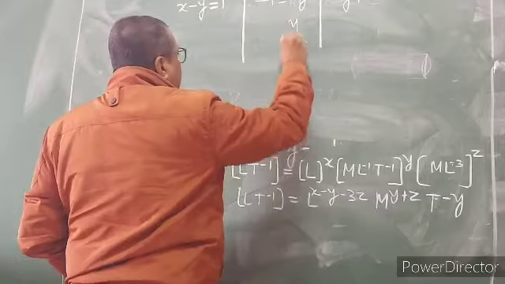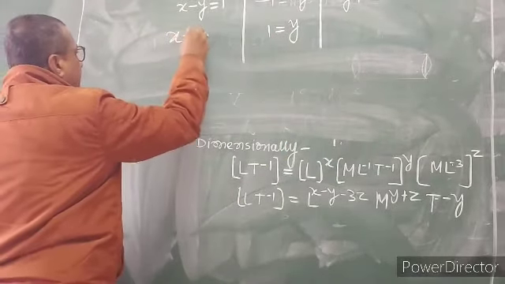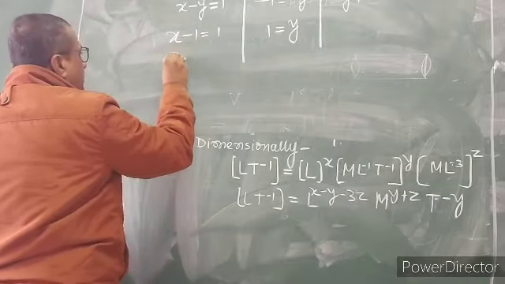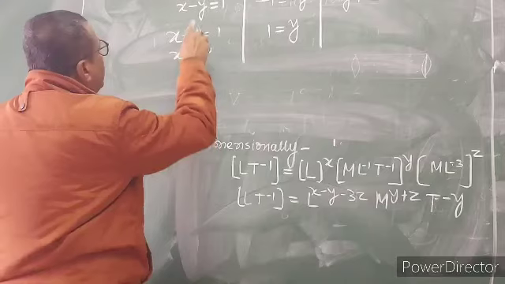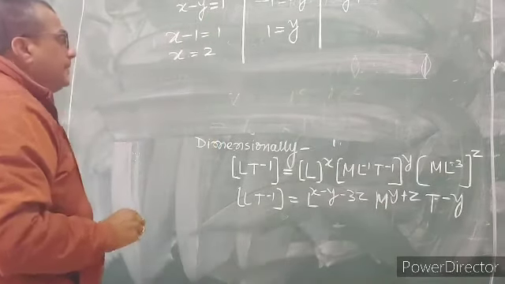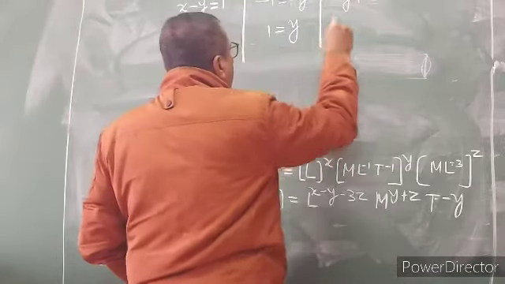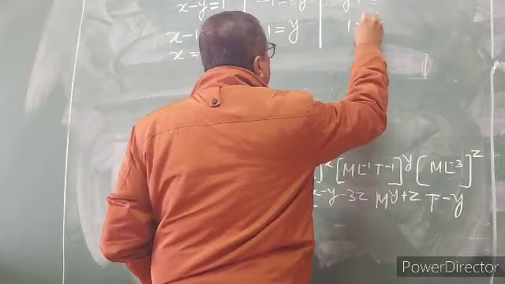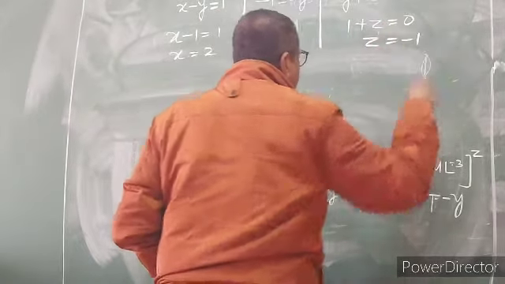Here y equal to 1. Putting the value of y here, x minus 1 is equal to 1, so x will be equal to 2. Here y plus z, 1 plus z is equal to 0, so z equal to minus 1.